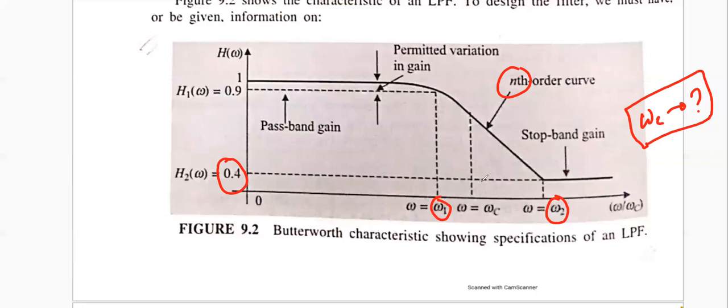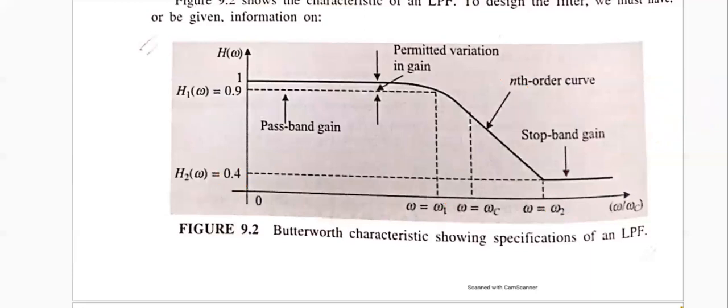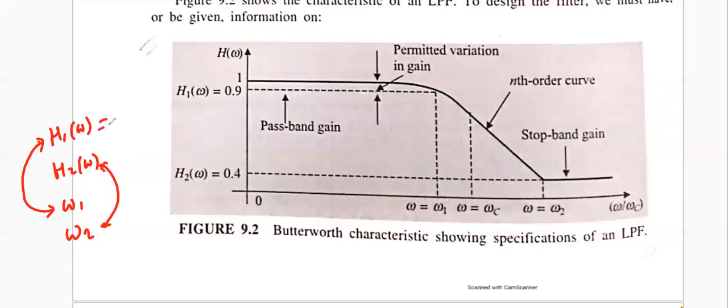For starting the design of the Butterworth filter, we need four things: H1 omega, H2 omega, omega 1, and omega 2. This H1 belongs to H1 omega and H2 belongs to this one. For this case, it has been given, this is 0.9 and this is 0.4, and practically the frequencies should be given.